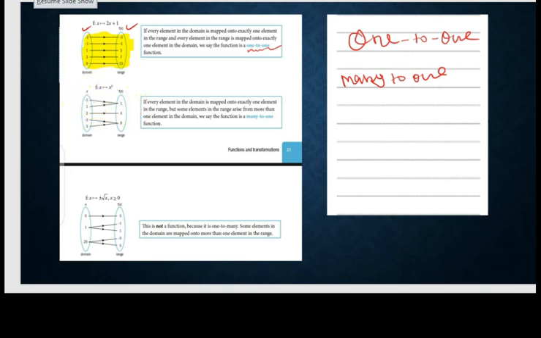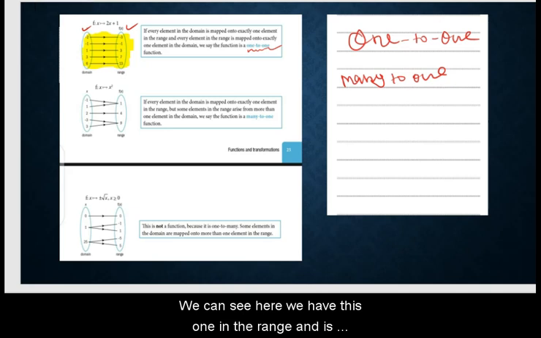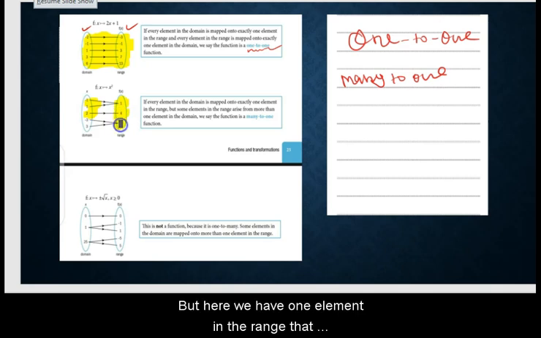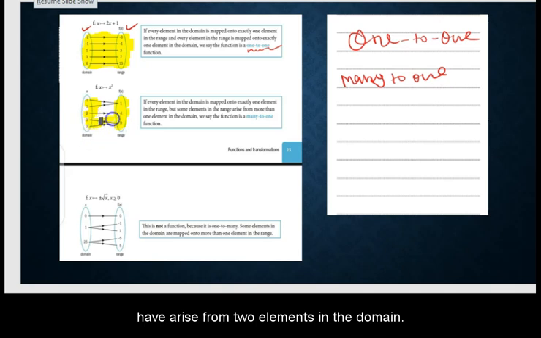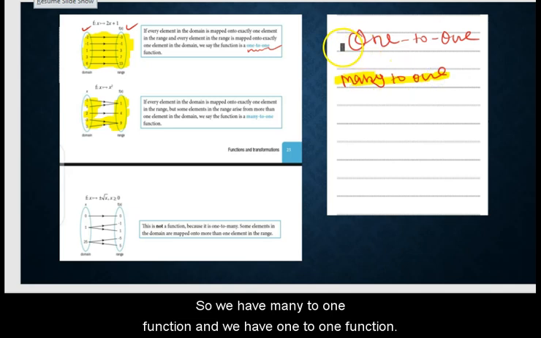Here we have this one in the range, and it has come from two elements in the domain. We still have one element in the domain mapping exactly one in the range, but here we have one element in the range that has arisen from two elements in the domain. So this is a many-to-one function. We have many-to-one and we have one-to-one.